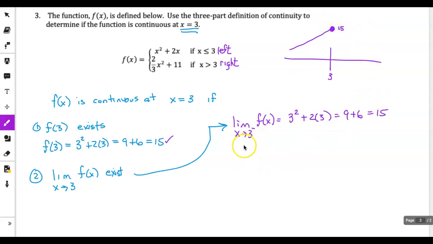All right, now let's check to see what's happening from the right of 3. So the limit as x goes to 3 from the right of f of x is equal to, now this says if you're going to plug in numbers that are bigger than 3, then you have to use this function, right? I don't want you to get confused here and think, oh, I can't plug in 3 because it says it has to be bigger than 3. Technically what you're plugging in is 3.0000 forever and then a 1.